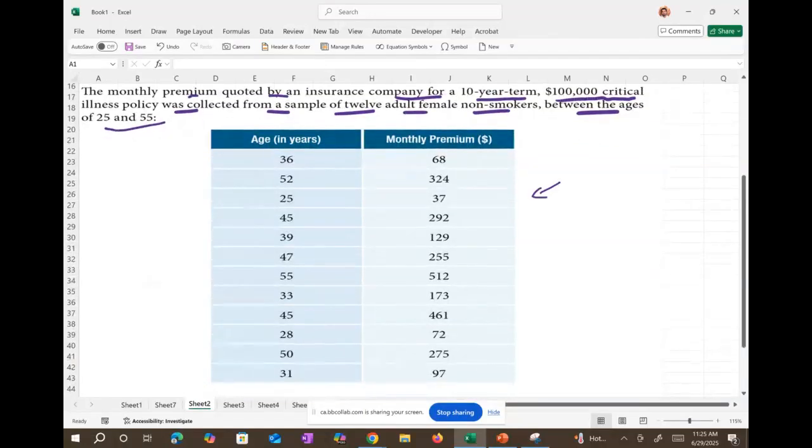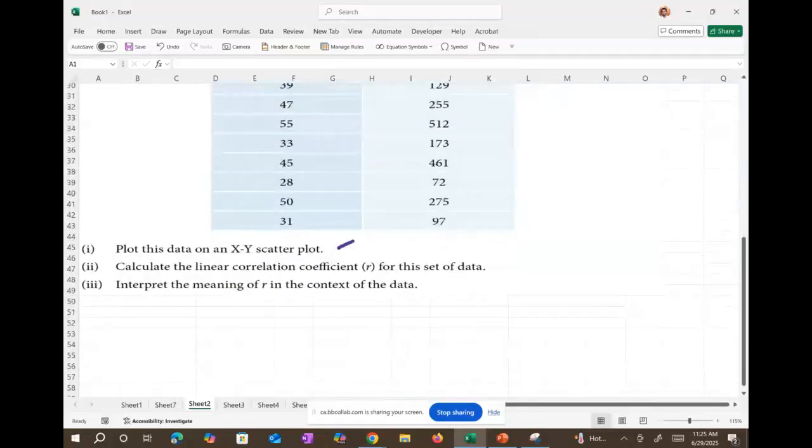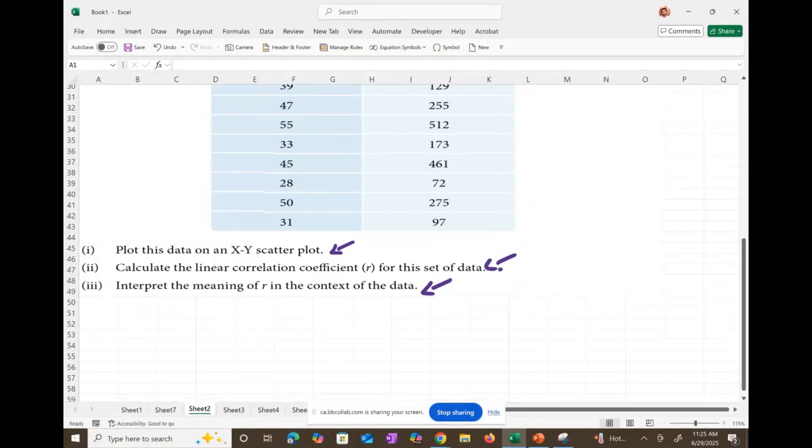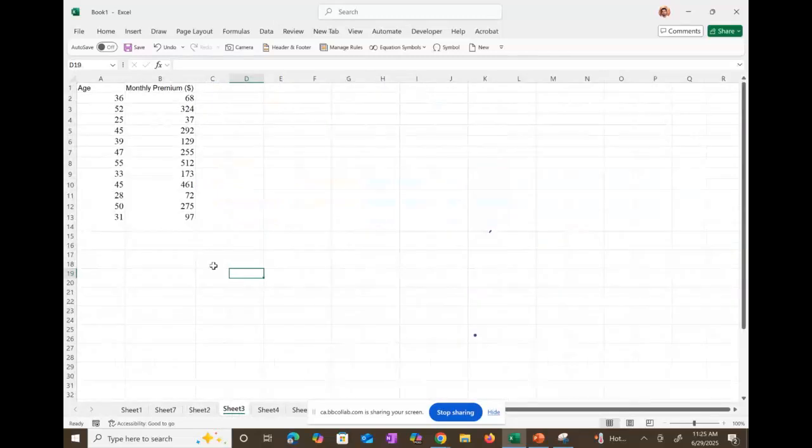So the data is given to me. I wanted to plot it on an XY graph and then figure out the R value, and then I wanted to interpret the meaning of the R value too. All right, so let's look into this question. How are we going to solve for R? This is the data given to me.